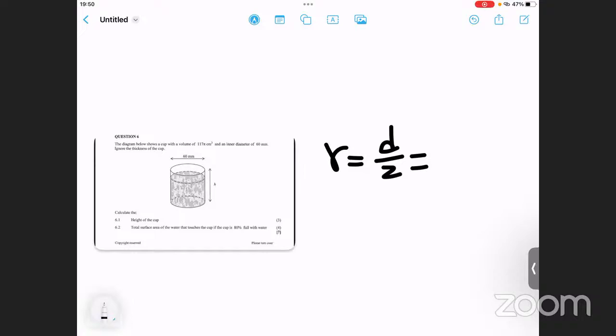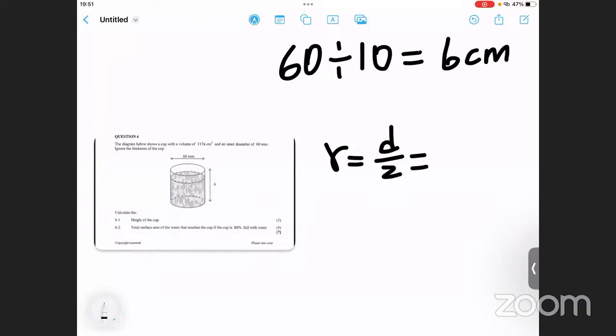In order to convert millimeters into centimeters, one centimeter is equivalent to 10 millimeters. So what I did, I said 60 millimeters divided by 10, which gives us 6 centimeters. Since 1 centimeter is equivalent to 10 millimeters. Am I making sense?